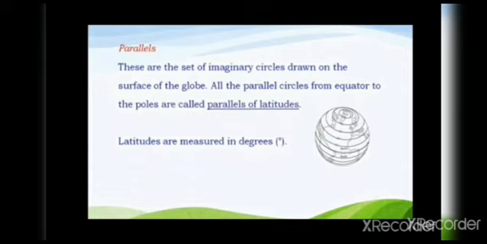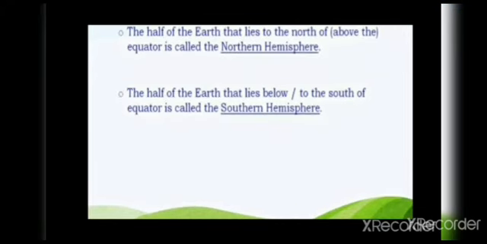All the parallel circles from the equator to the poles are called parallels of latitude. Latitudes are measured in degrees. The half of the earth that lies to the north of the equator is called the northern hemisphere. The half that lies to the south of the equator is called the southern hemisphere.